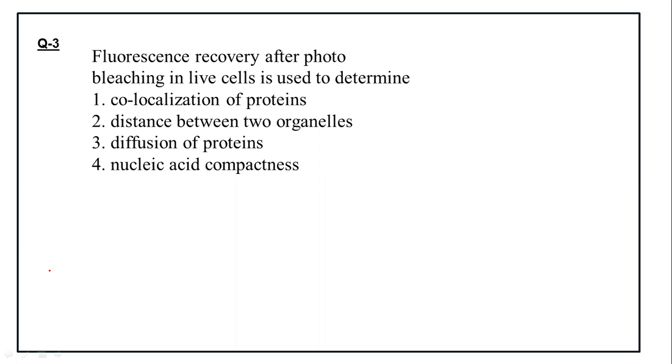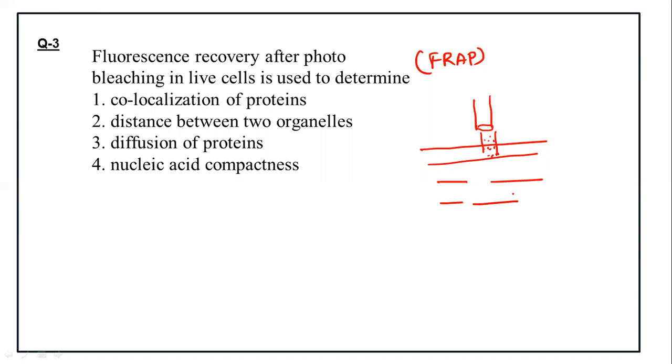Now, fluorescence recovery after photobleaching in live cells is used to determine. FRAP stands for fluorescence recovery after photobleaching. In a FRAP experiment, we bleach a particular area with a laser beam, and we observe the rate of recovery of the bleached area, how fast the bleached area recovers.